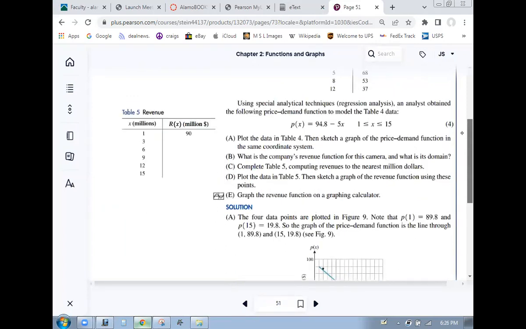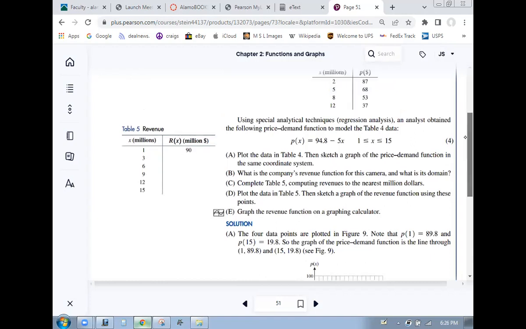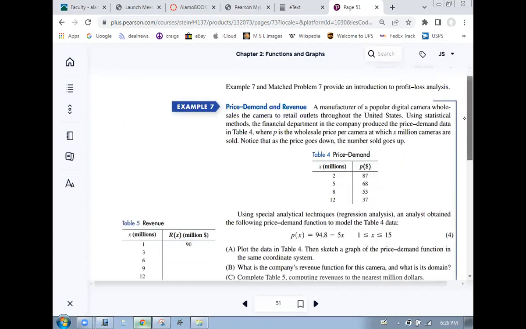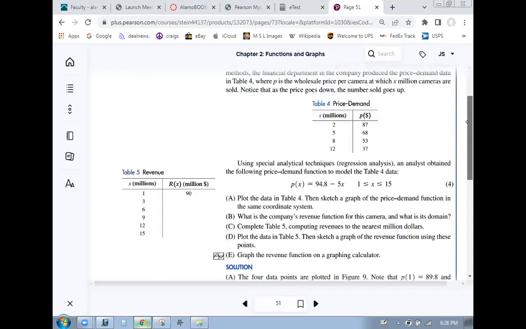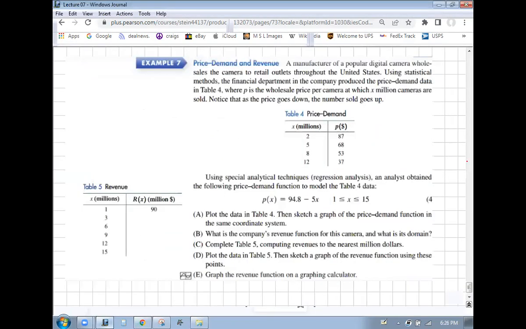They gave us p of x. R of x, the revenue, is 90 million if they make 1 million cameras. Some more information here. Well, they give us p of x. Let's see, where's our r of x?